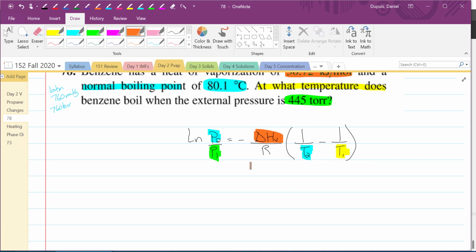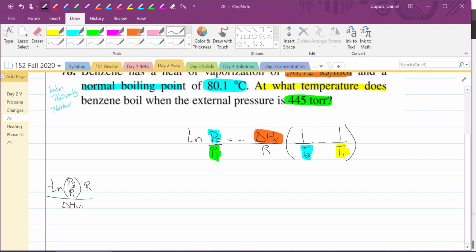Alright. So, we'll do it both ways. Alright. So I'm going to get the natural log of P2 over P1 times, I'm going to make it negative, R, all over delta HV.